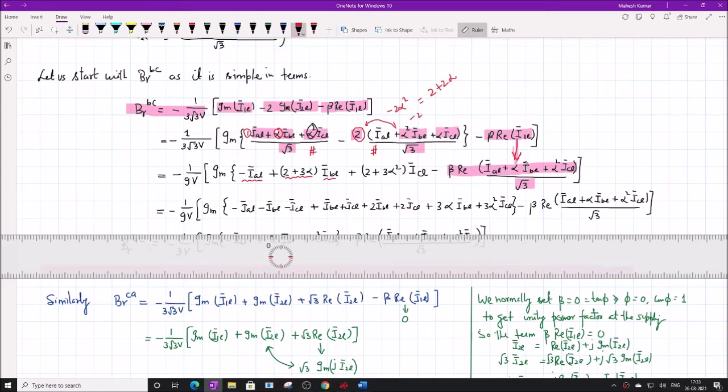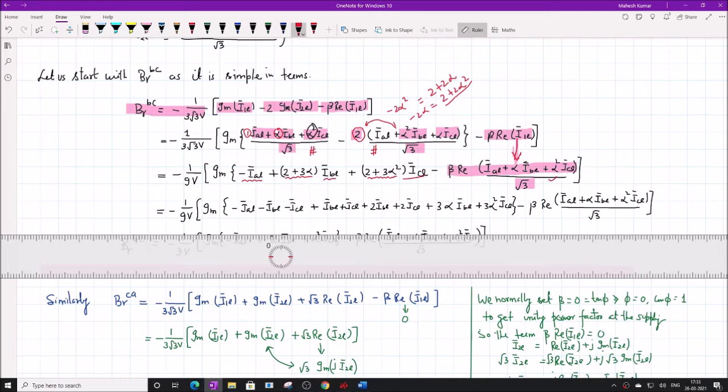So minus 2 alpha is nothing but 2 plus 2 alpha square. So 2 plus 2 alpha square plus alpha square becomes 3 alpha square. So 2 plus 3 alpha square into ICL. And minus beta real of I1L, which is IAL plus alpha IBL plus alpha square ICL by root 3.